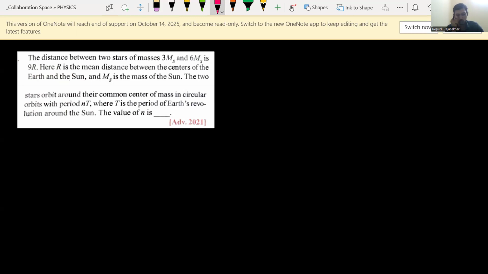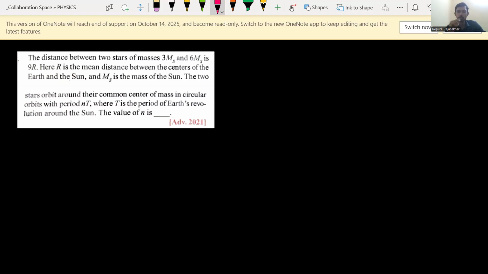Okay, so how to analyze this question? It is a two planet system. This question relates to the center of mass concept, because here two planets are given and both are revolving around their center of mass. That means the question is based on center of mass and application of the gravitation force formula.